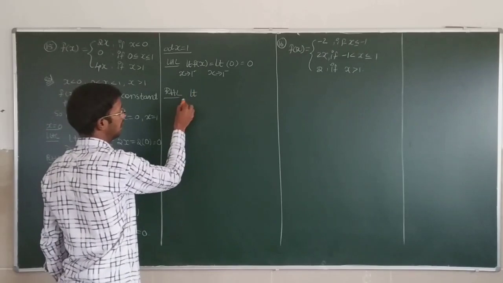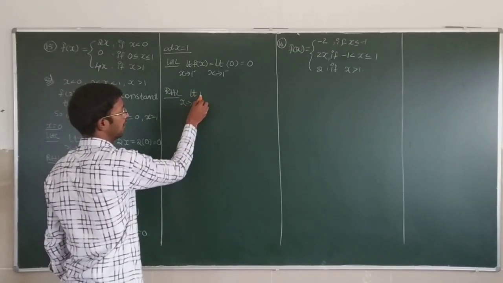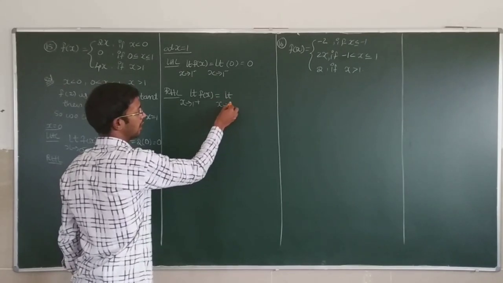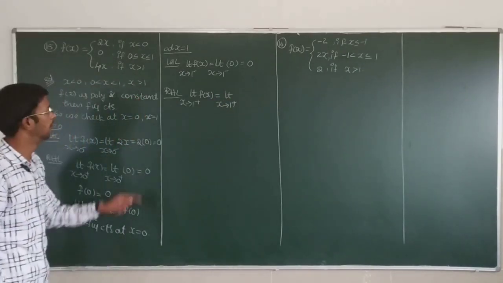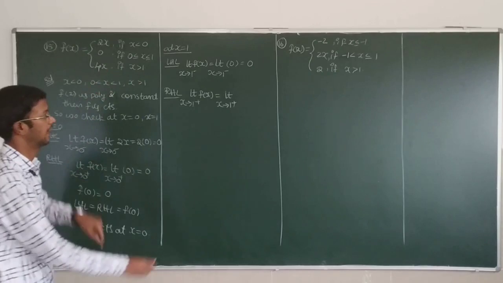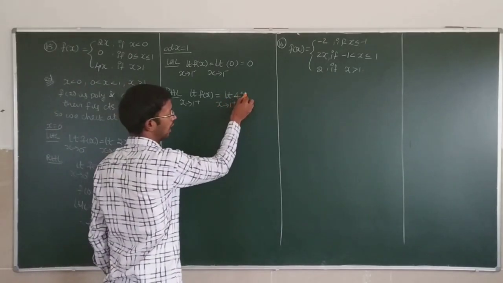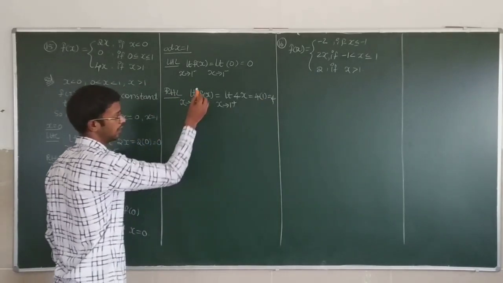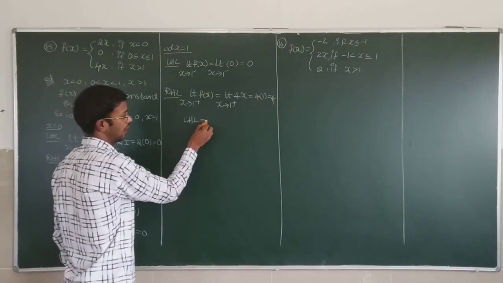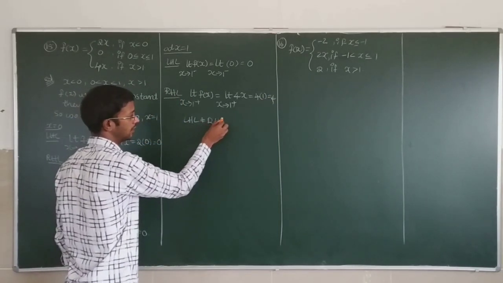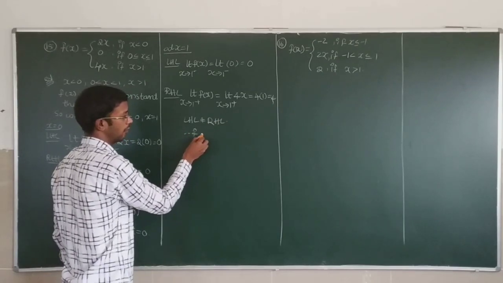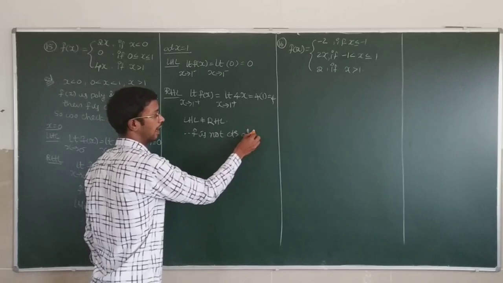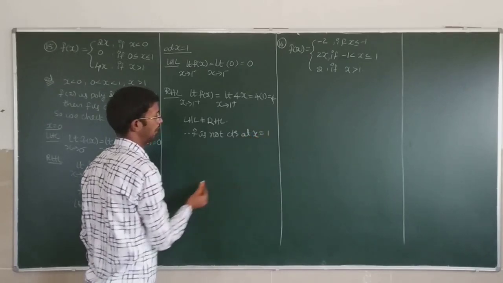RHL: limit as x tends to 1 plus of f(x). For greater than 1, 4x is the function, and 4 into 1 is 4. So LHL is not equal to RHL. Therefore, f is not continuous at x = 1.